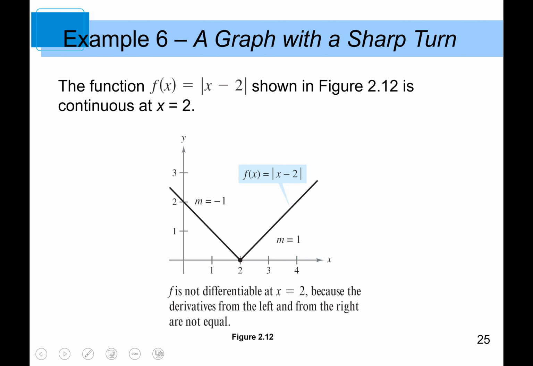Consider the function f of x equals the absolute value of x minus 2, shown in figure 2.12 below. It's continuous at x equals 2. Right, it's continuous everywhere actually. However, it's not differentiable because the derivative from the left and the derivative from the right are not equal to each other.